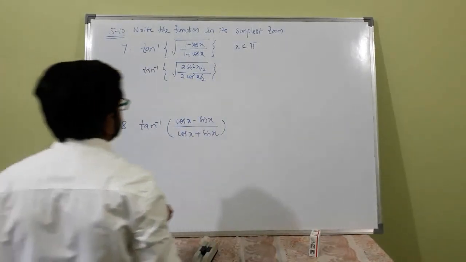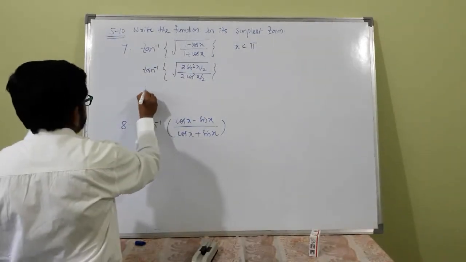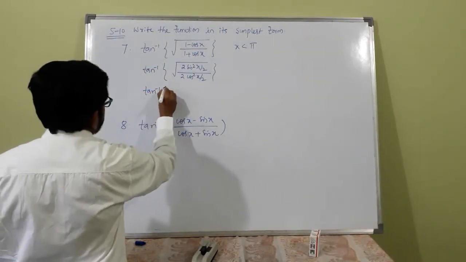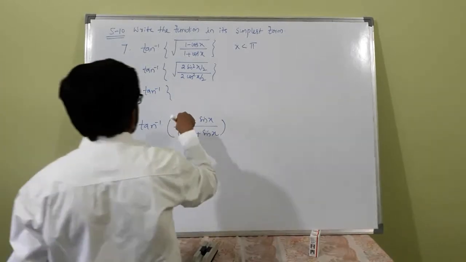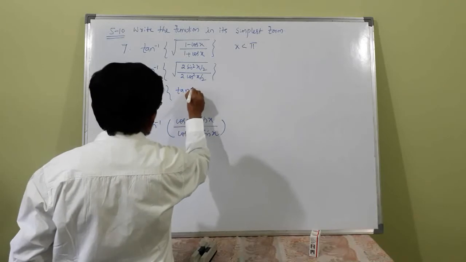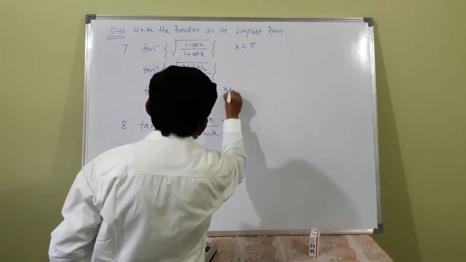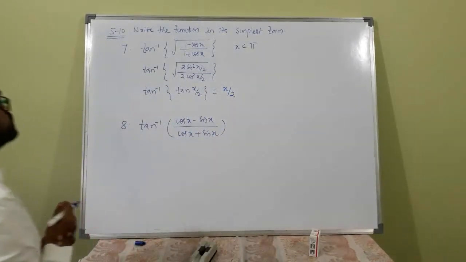Okay, so tan square x by 2, this is tan inverse of root of tan square x by 2, or tan x by 2, that is equal to x by 2.